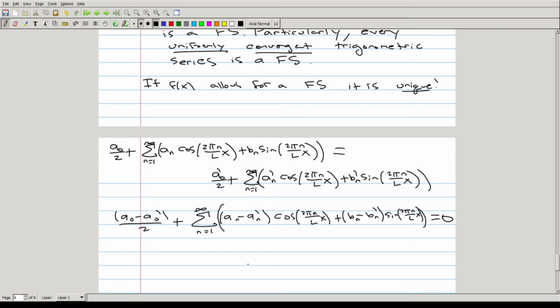Therefore, by linear independence of the basis functions, a naught has to equal a naught prime, an has to equal an prime, and bn has to equal bn prime for all n.